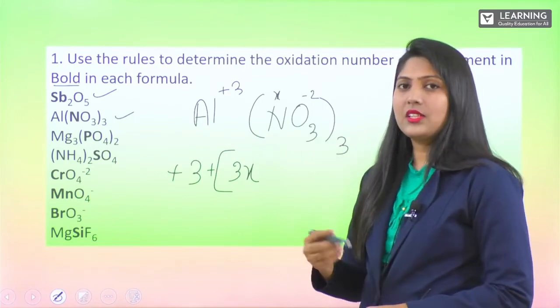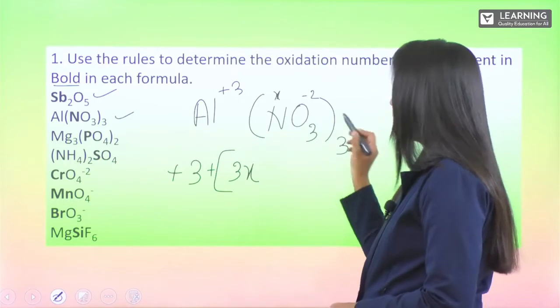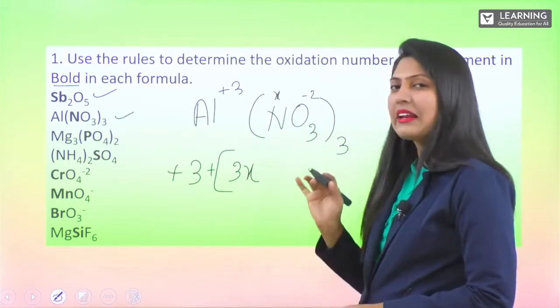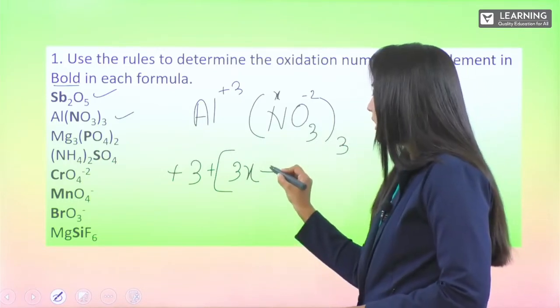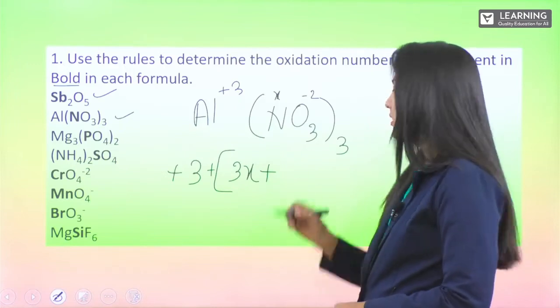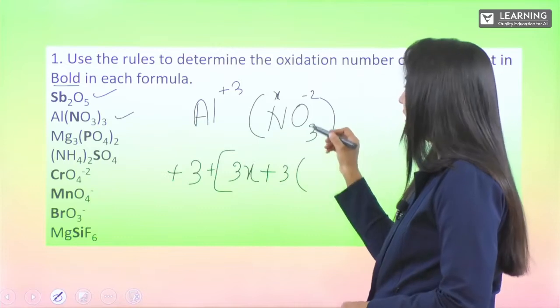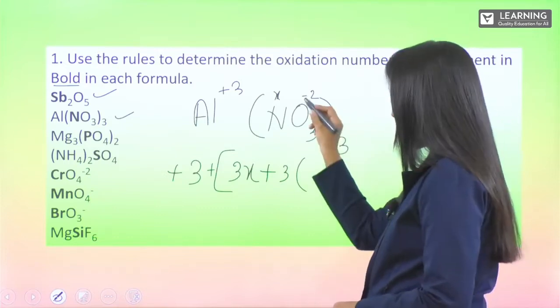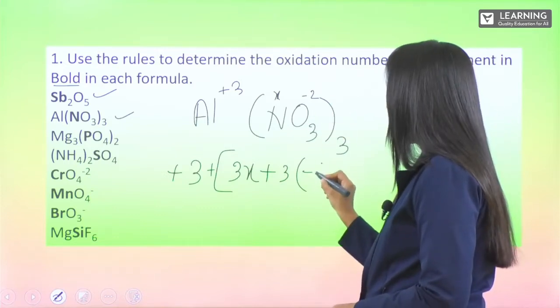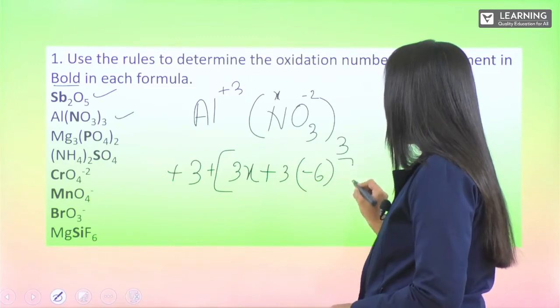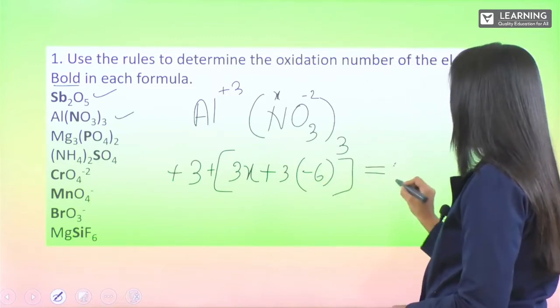That is 3 2s are 6. To eradicate the confusion, I'll write plus here, and I'll take this 3 into 3 2s are 6, having a minus sign. So we'll get -6. That will be equal to 0.